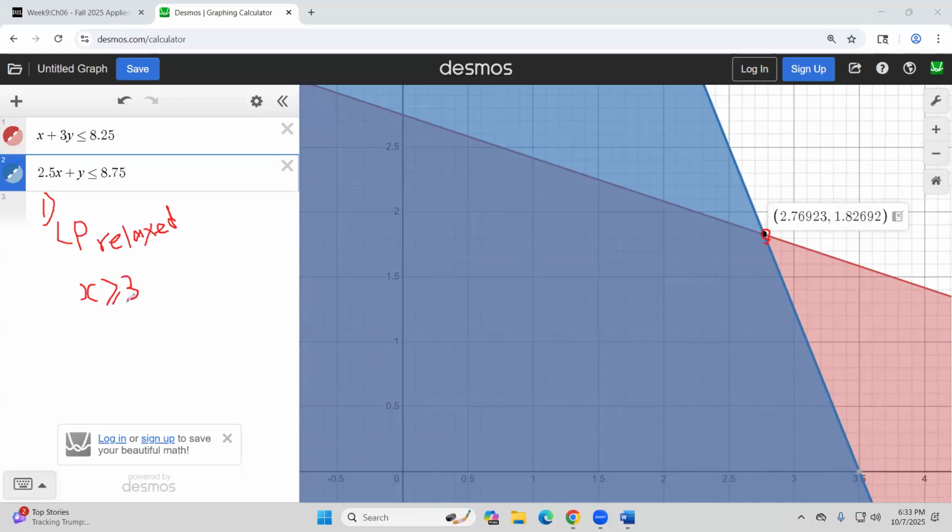So that means I'm going to have just this area. So my feasible area, when I do this, is going to be this area. Do you agree? Okay, so this is going to be my feasible area. Do you all agree?